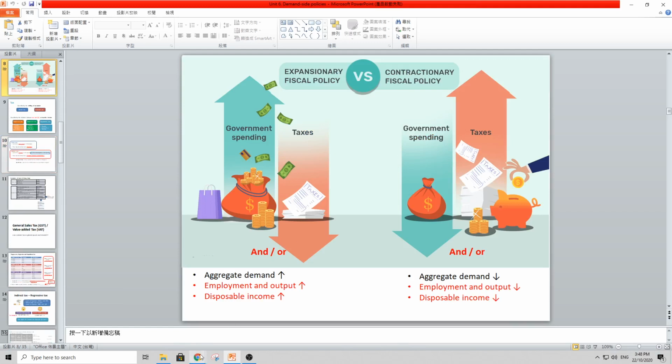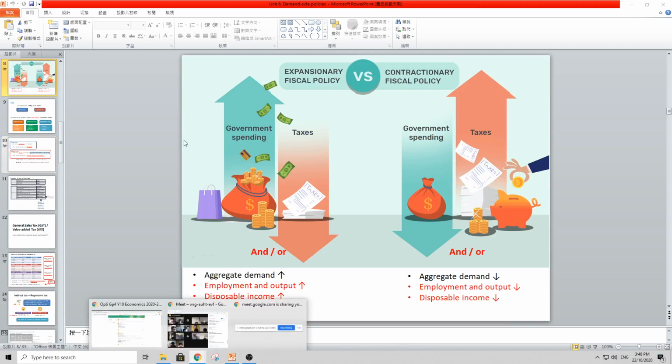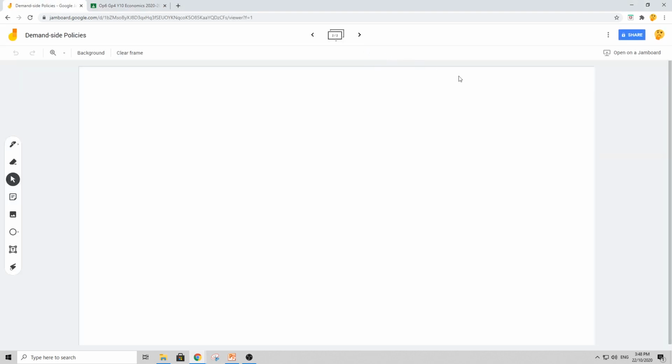Okay. So now let's go ahead and make ourselves a mind map. I would say, for macroeconomics, it's always good to make yourself a mind map. A mind map is so important in macroeconomics, because everything can be linked together.